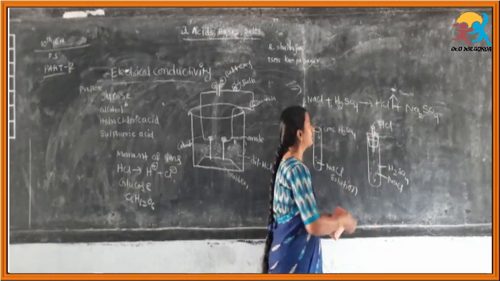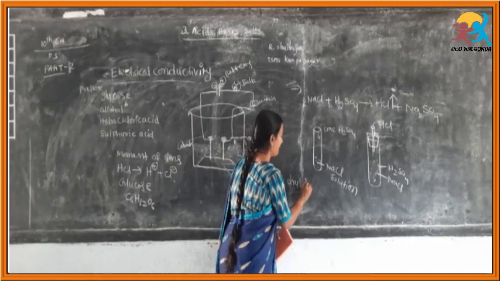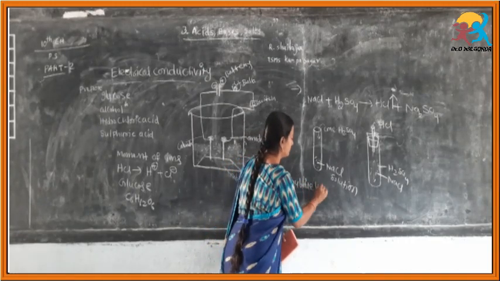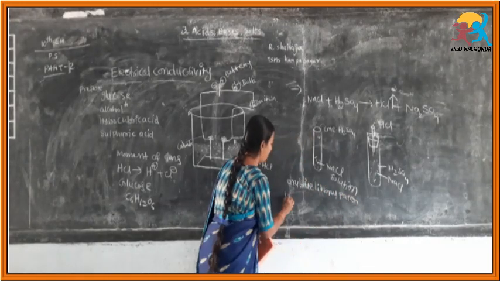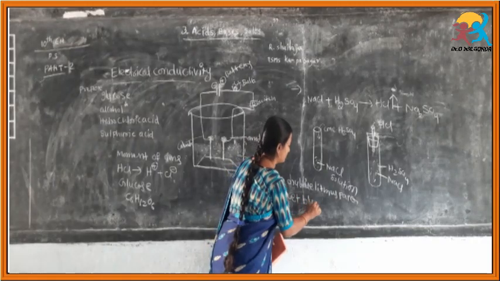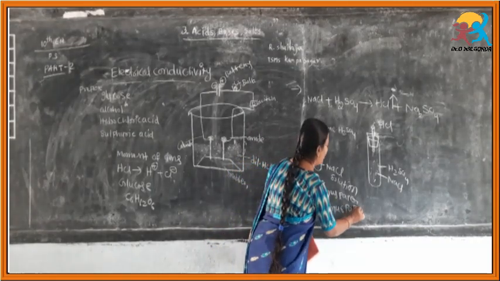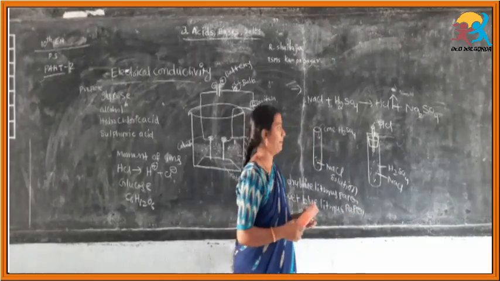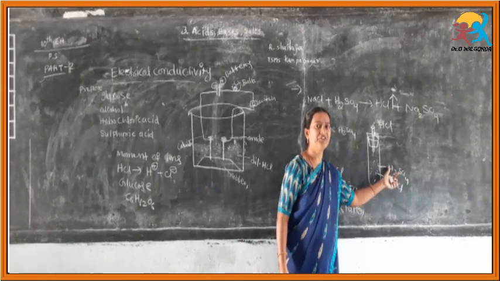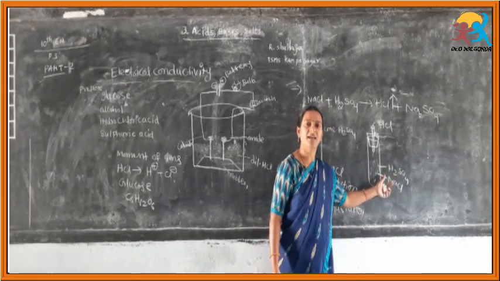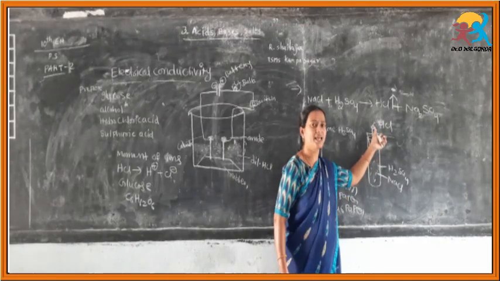So here we have to take two litmus papers: dry blue litmus paper and wet blue litmus paper. In this test tube, the NaCl and sulphuric acid react together and release HCl gas.